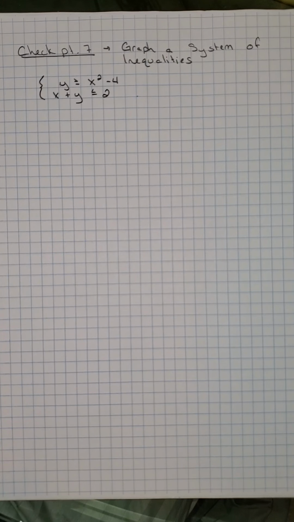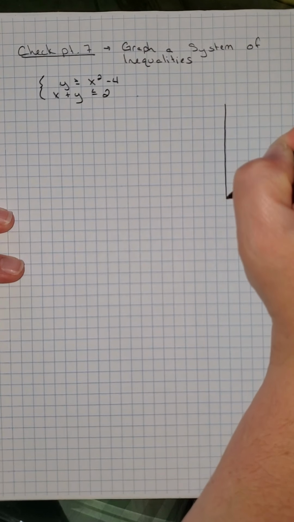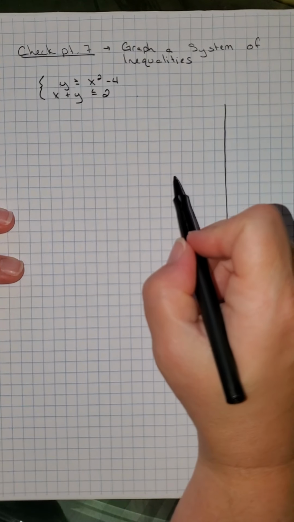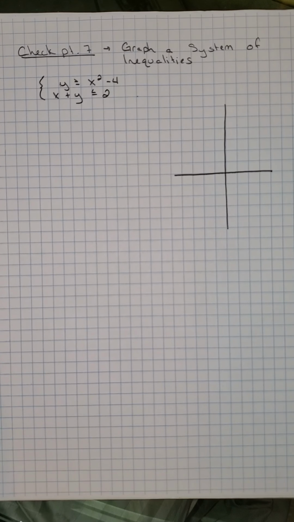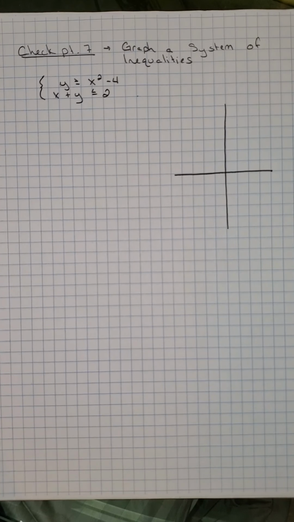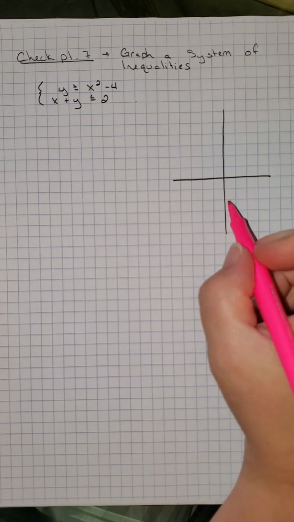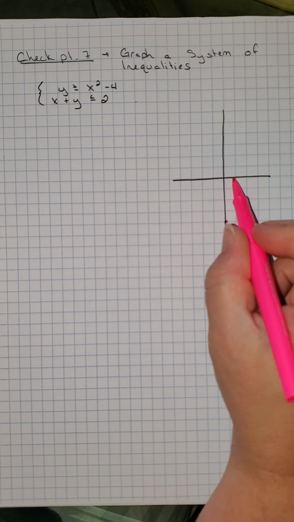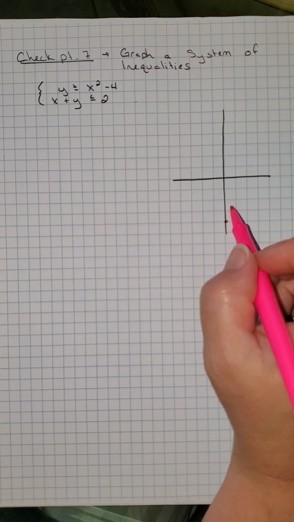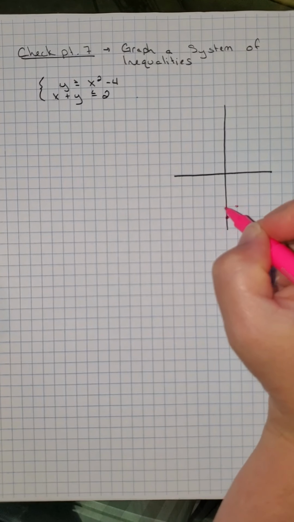Alright, so that first one is actually a parabola, and it's a parabola shifted down 4 because of the minus 4. So that means if we plug in 0 for x, it would be negative 4. If you plug in 1 or negative 1, it would be 1 minus 4, which is negative 3.